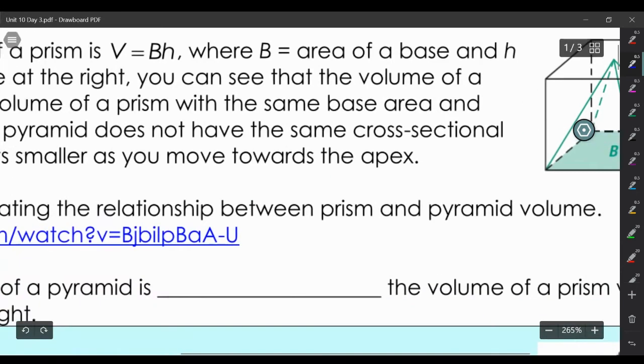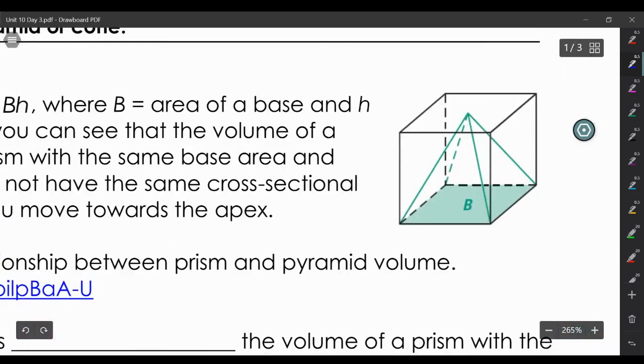prism. If you look at this picture up here, you have this whole prism that I'm going to outline in blue.